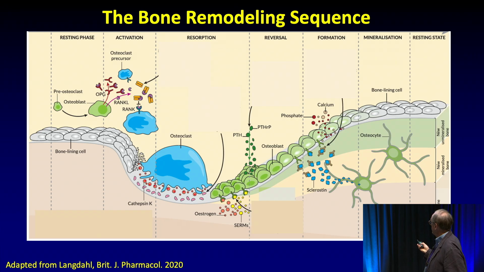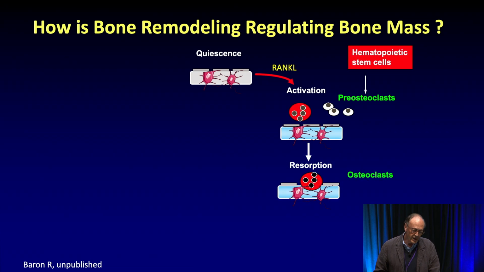And when this cell resorbs actively the mineralized bone matrix, it moves along the bone surface and leaves signals that recruit the repairing cells, the bone-forming osteoblasts. And in the end, when things go normally, you just have replaced a piece of bone by an equivalent but newer piece of tissue.